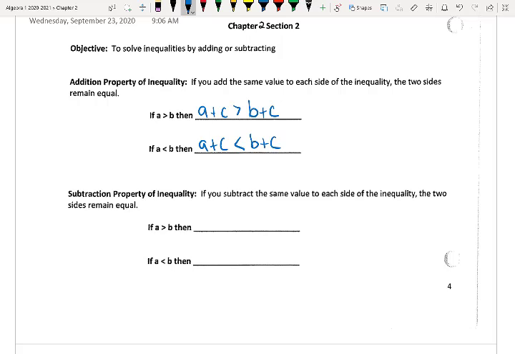So if A was originally bigger than B, if I took A and subtracted a C, that's still going to be bigger than if I subtracted C from B. And the other direction also holds. If A was smaller than B, A minus C is still going to be smaller than B minus C. So what these definitions just give us is the ability to solve our inequalities using the same tools, the same methods that we did for our equations.